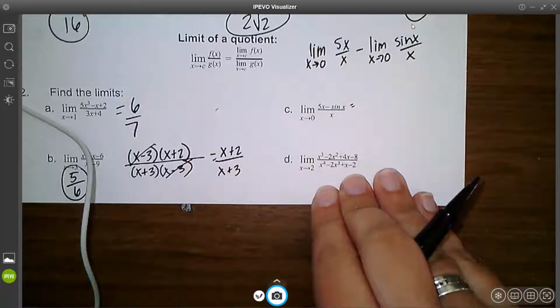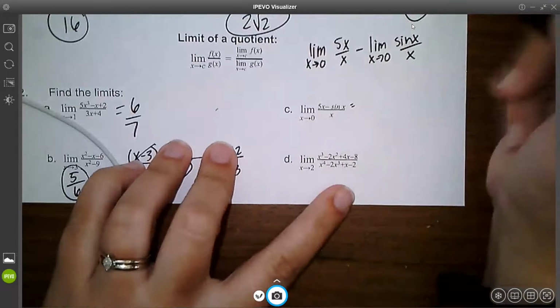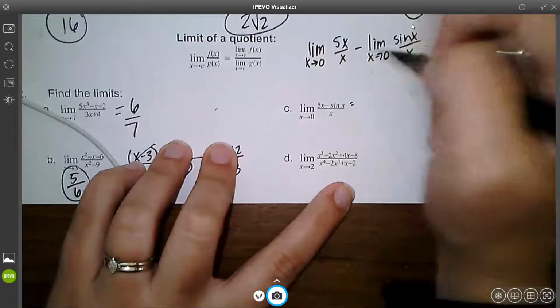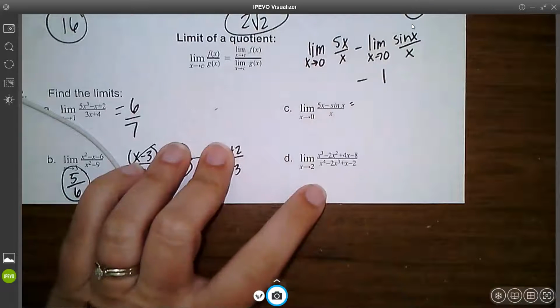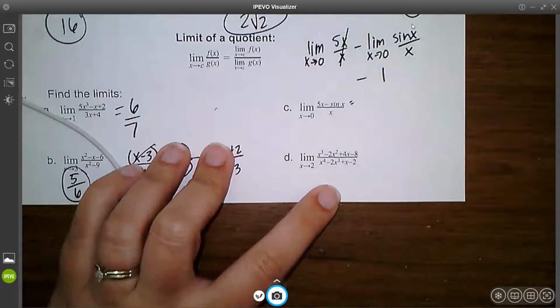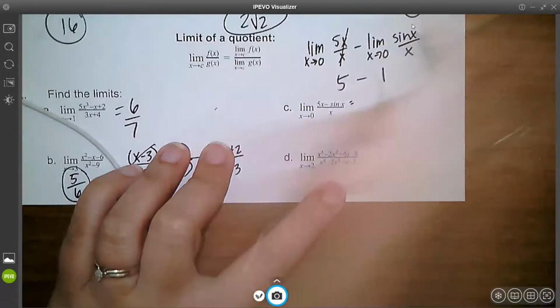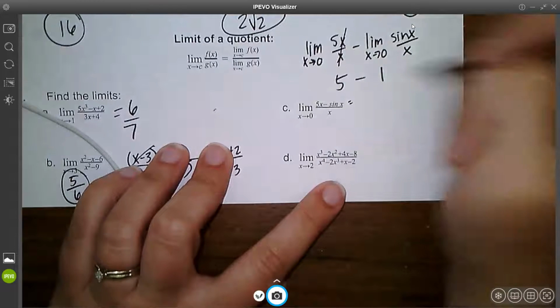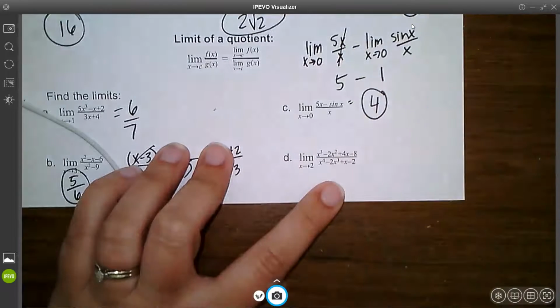We looked at the table, it was 2c, and we got that this one was 1. So this is -1. This one, my x's will cancel out. It still does not exist, but my limit there would be 5. 5 minus 1 is 4.